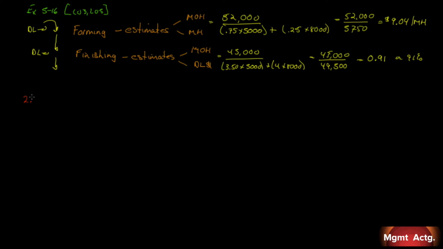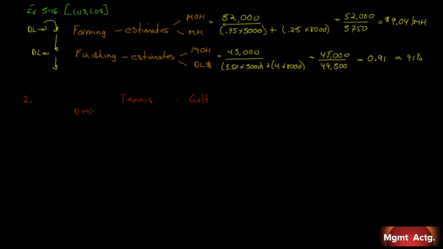So number 2, we need our per unit costs for each product. So let's look at our tennis and our golf products. And we need our total costs. Well, total costs, remember, manufacturing costs come from 3 sources: direct materials, direct labor, and manufacturing overhead, right? So let's look at tennis. Let's look at our direct materials.